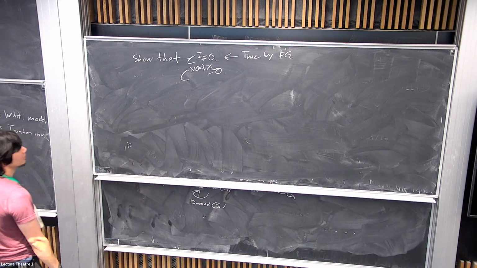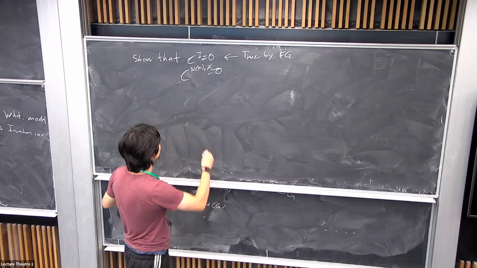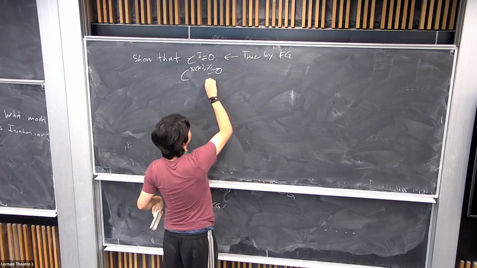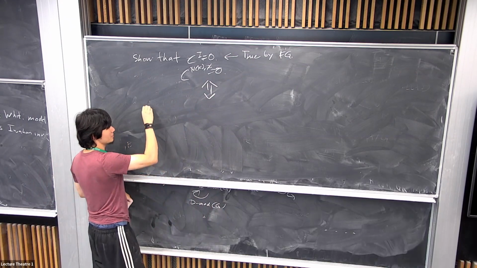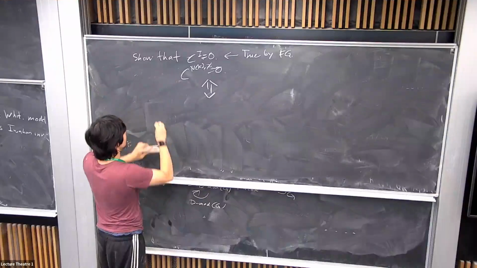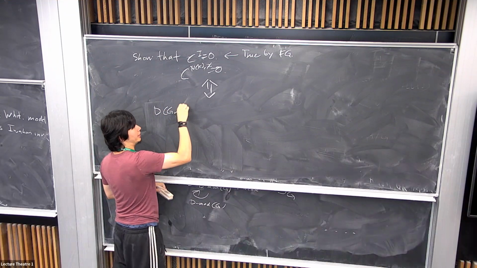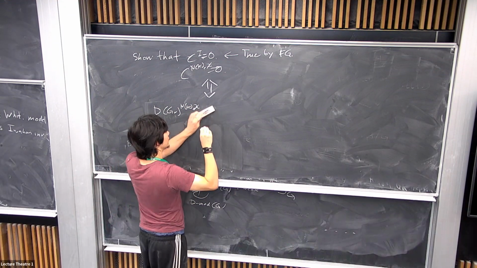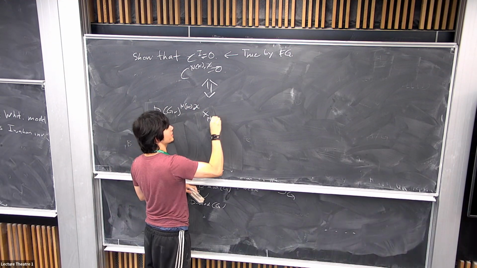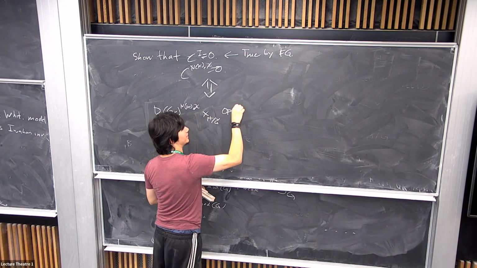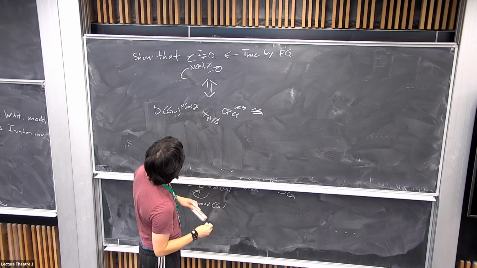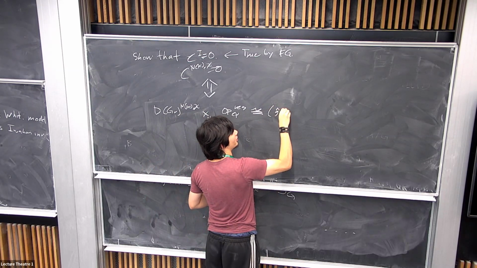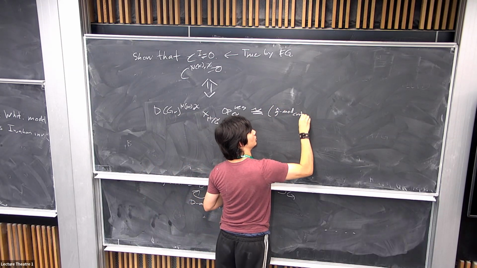The second statement is equivalent to showing that you have this isomorphism between D-modules on the loop group, Whittaker invariance with character chi, of the affine flag variety of G check, regular, that this is isomorphic to Whittaker invariance for the same thing for G hat mod crit reg.